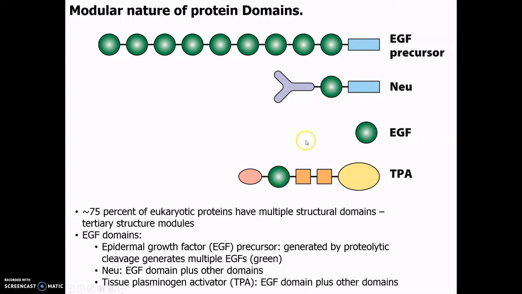And what you'll notice is if you look at the evolutionary history of particular proteins, in scenarios like we have here with this TPA protein, if you look in bacterial cells or lower organisms, what you might see is several proteins that actually form a multi-protein complex that serves the same function as this overall protein.